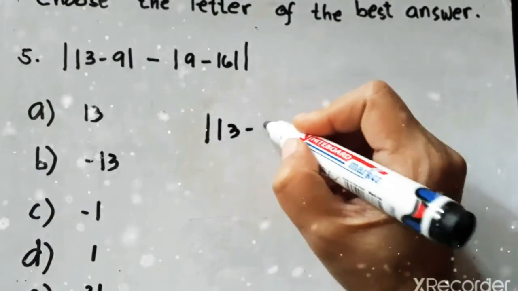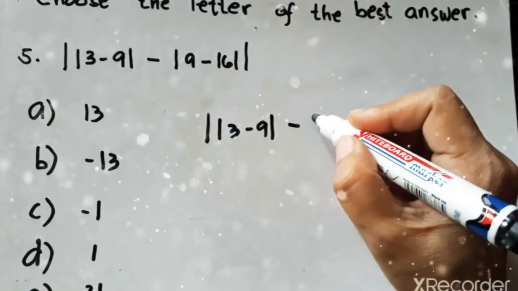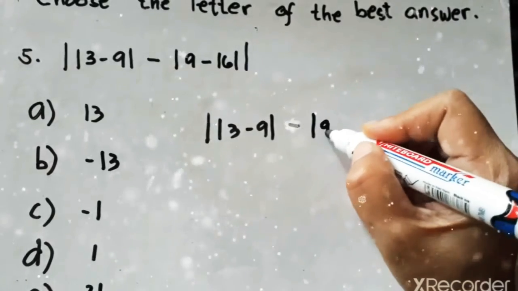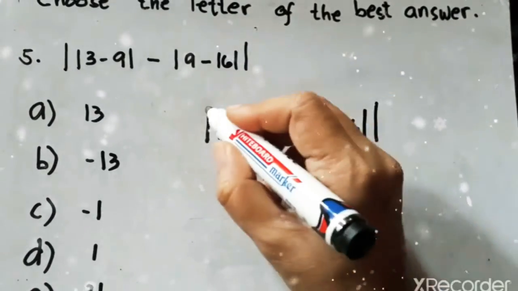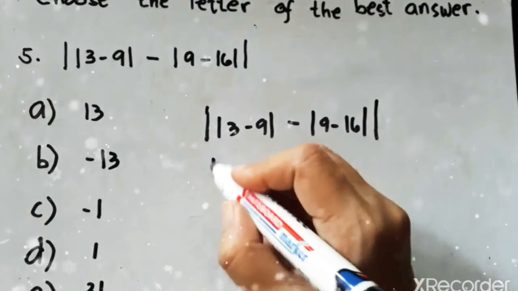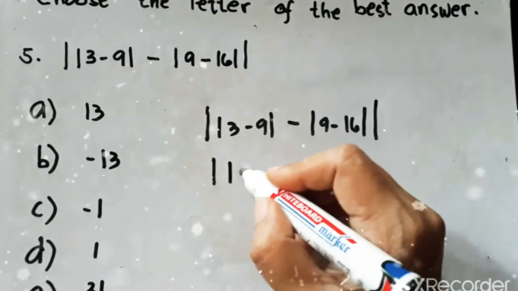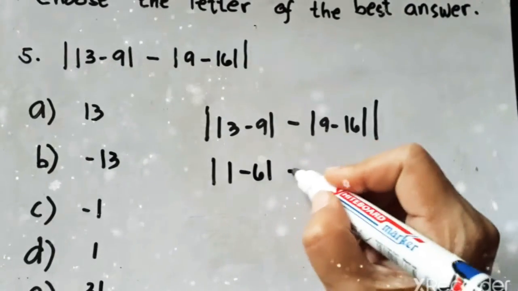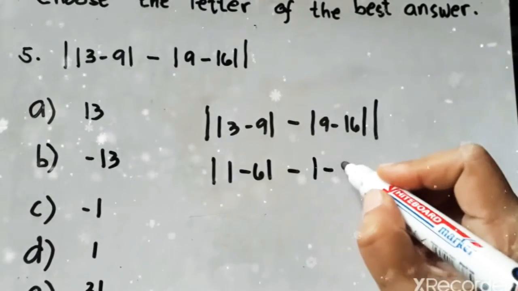So 3 minus 9 minus 9 minus 16. Okay. So, what's the difference of 3 minus 9? It's minus 6. And the difference of 9 minus 16 is minus 7.